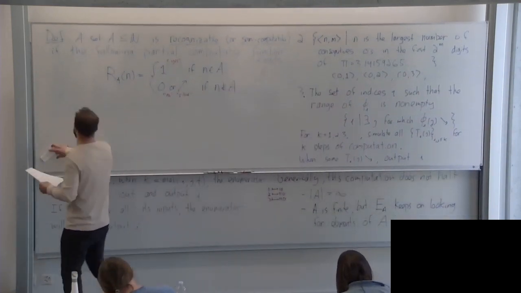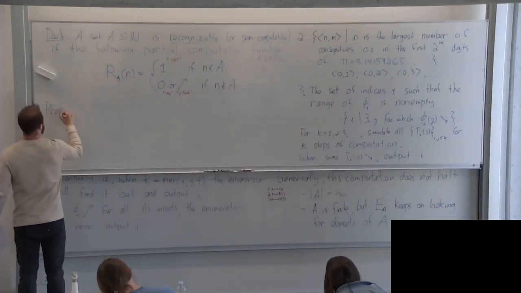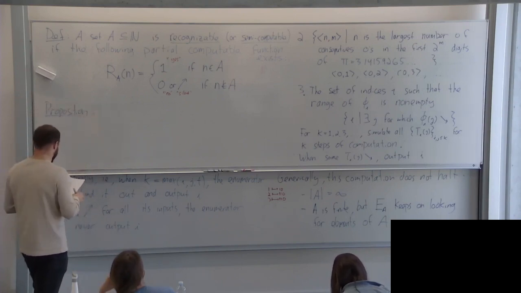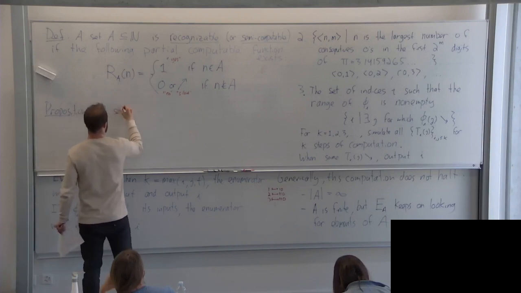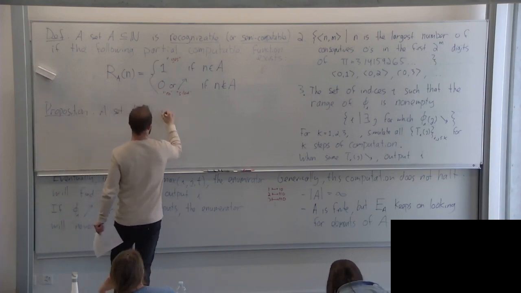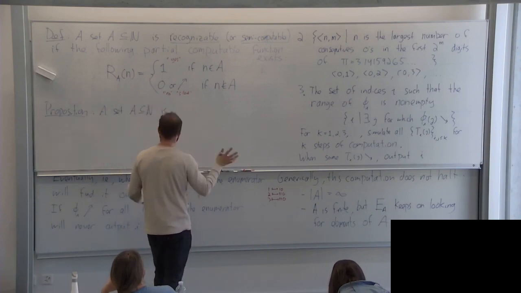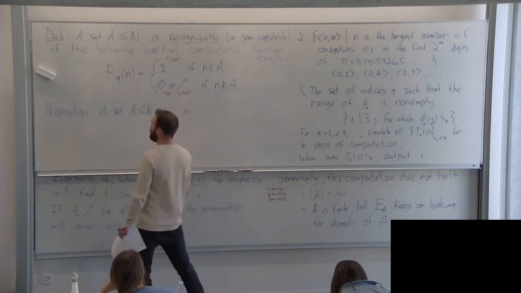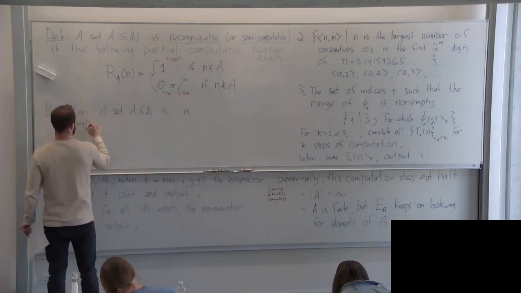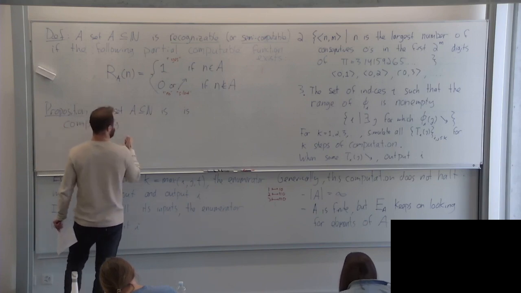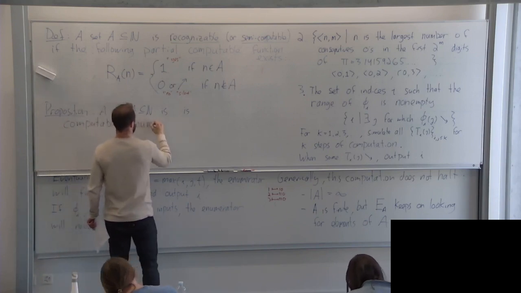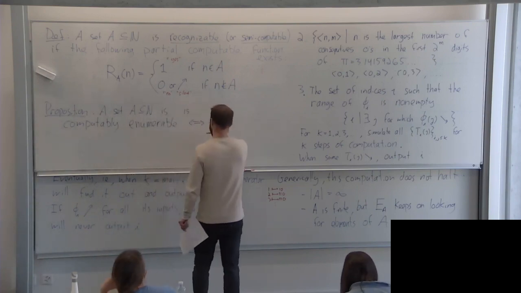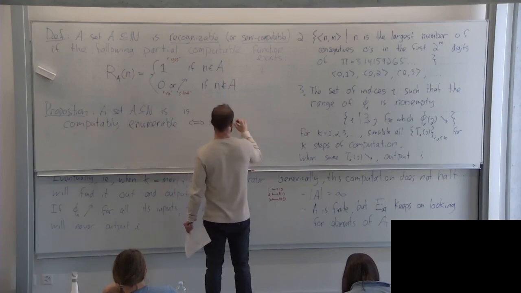Proposition. A set A is recognizable, no, is computably enumerable if and only if it is recognizable.